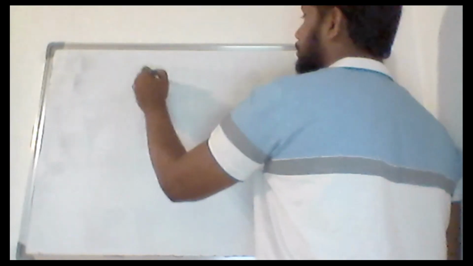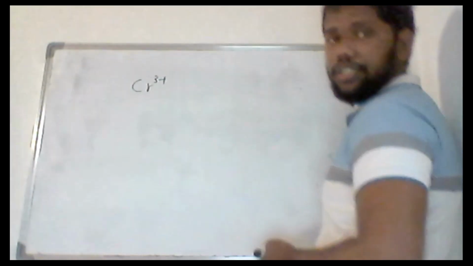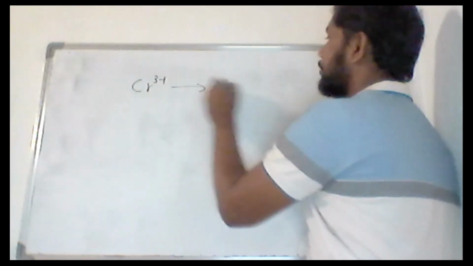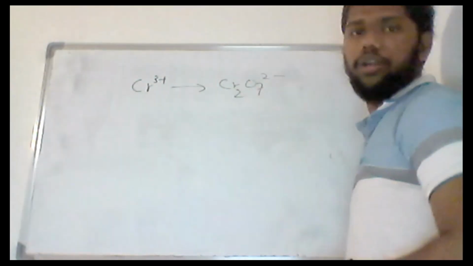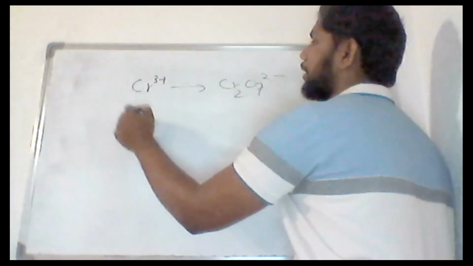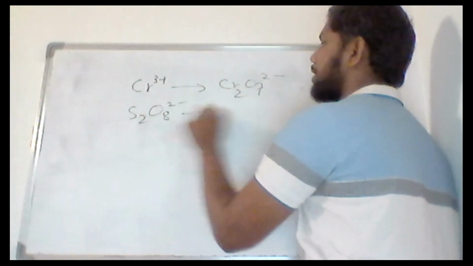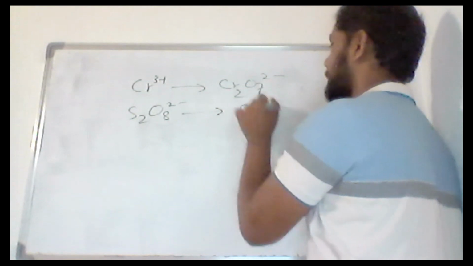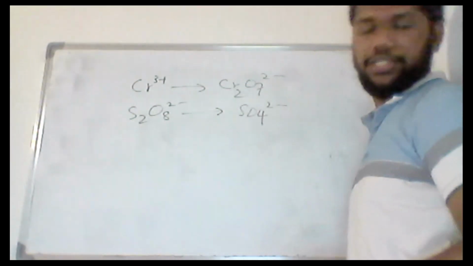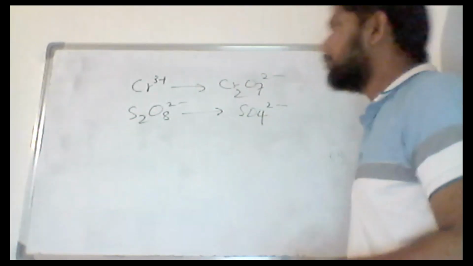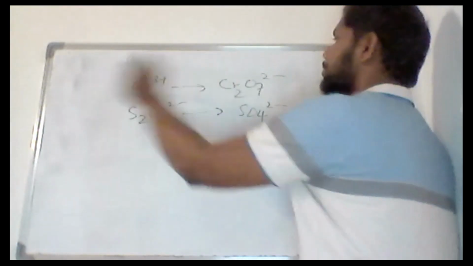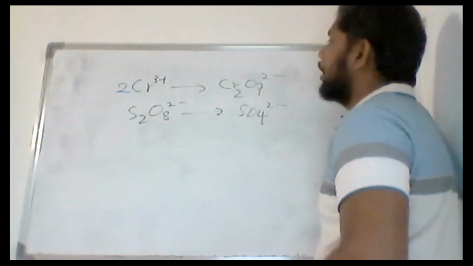you have chromium 3 plus that can be converted to Cr2O7 2 minus. That is one of the reactions. And the other one is S2O8 2 minus, that can be converted to sulfate, SO4 2 minus. So this is a typical reaction. So here you have one chromium, so I'm going to put 2 here.